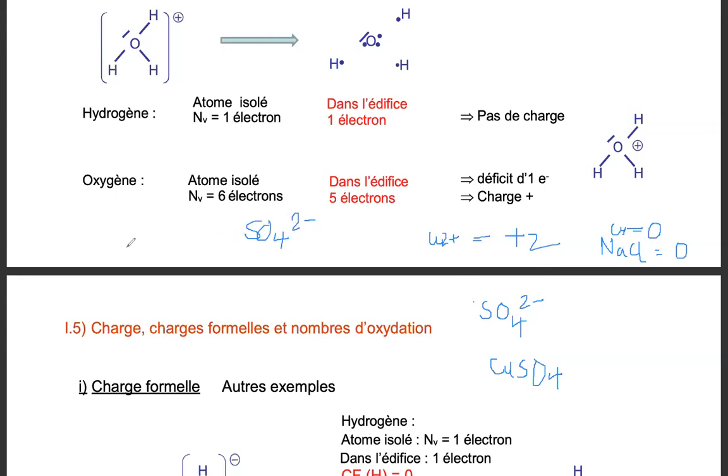So in other words, -2 is equal to the oxidation state for sulfur plus the oxidation state for oxygen, like that.